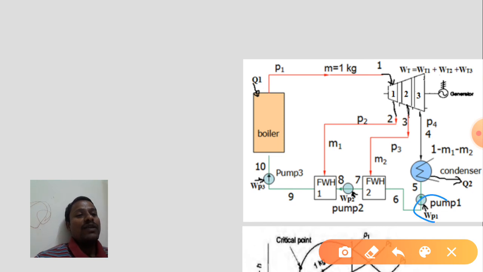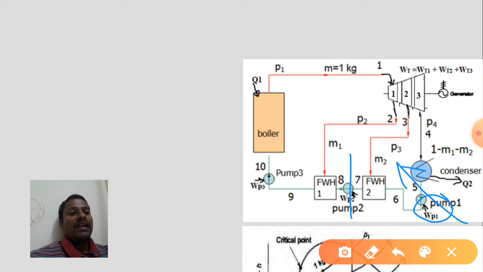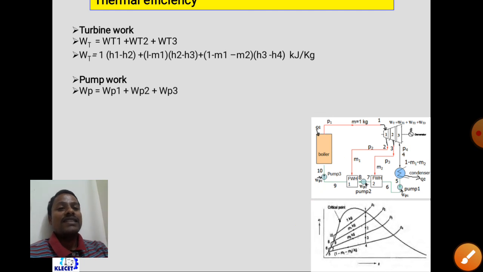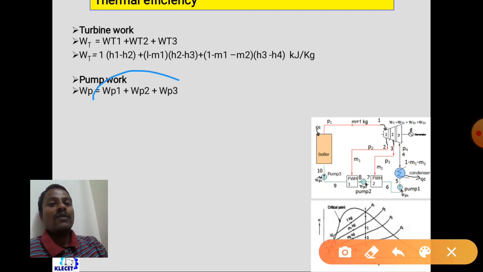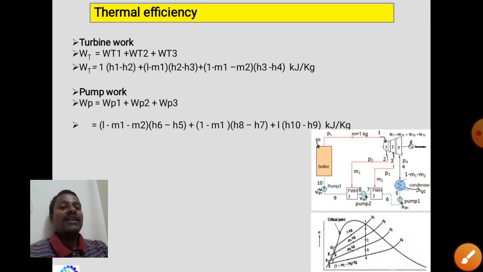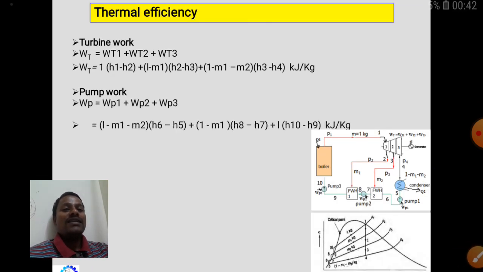This is Wp1, so we are sending work into the cycle, and Wp2, and here Wp3. So the total pump work input to the cycle is the algebraic sum of all 3 pump works, that is Wp1 plus Wp2 plus Wp3. Again we are writing the expression for this also.